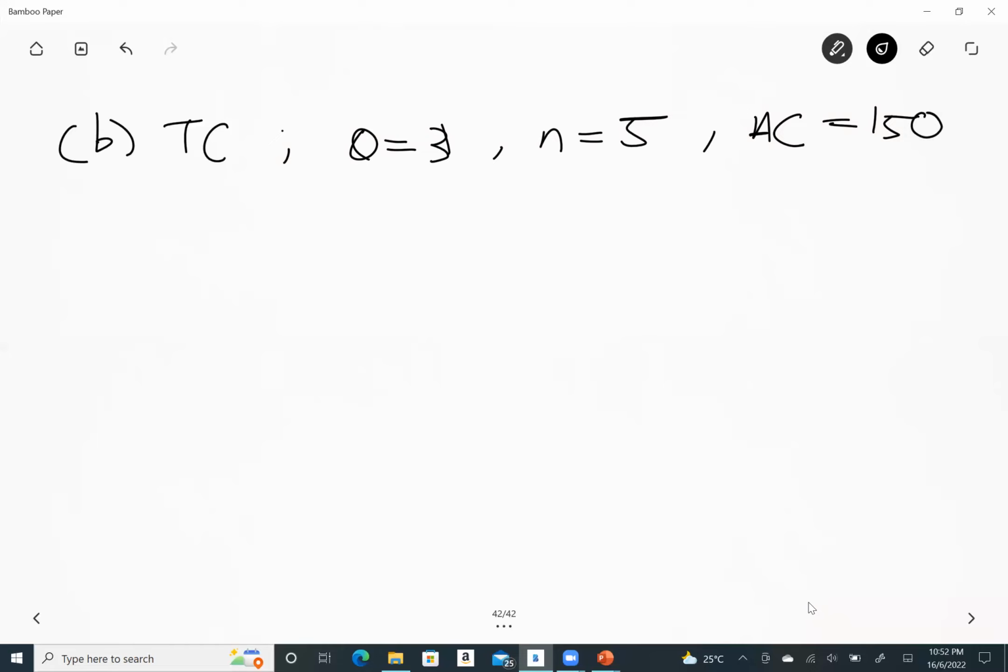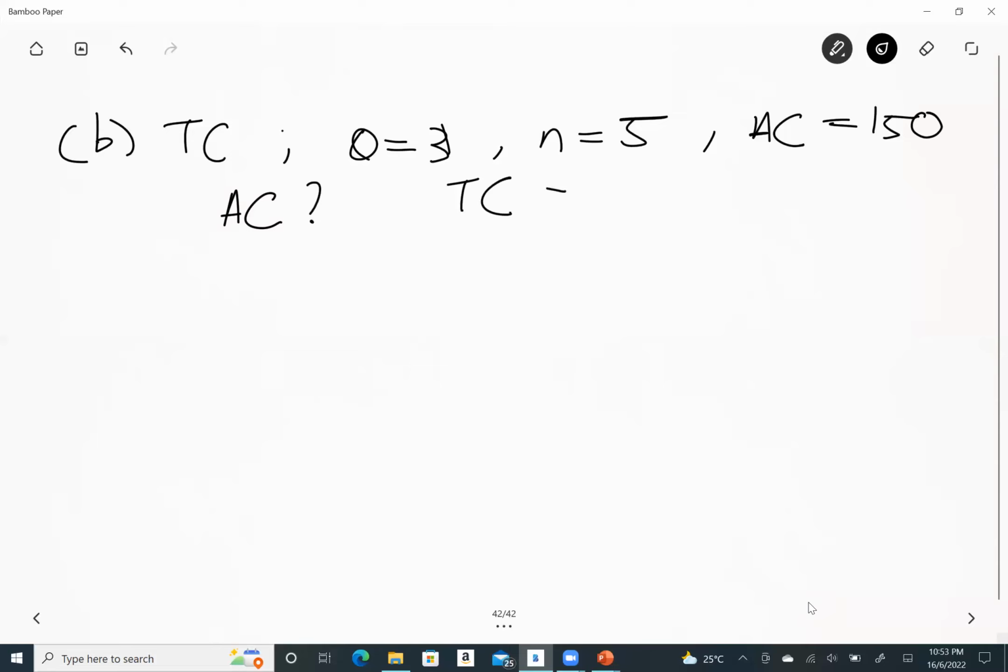Given the average cost is equal to 150, the total cost per person. First thing here, you find the average cost. Why?